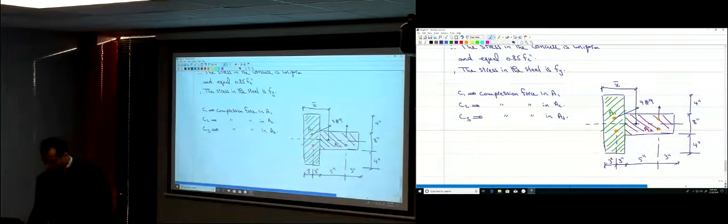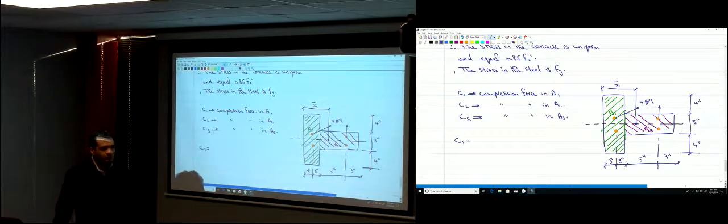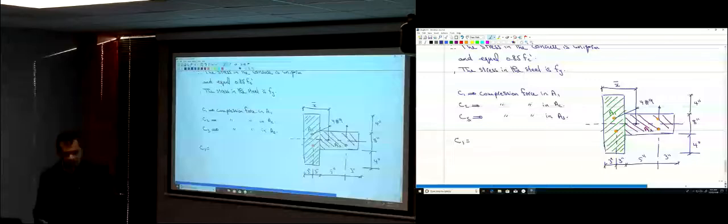Okay? How much is C1? That's easy. You should tell me how much is C1. The area times 0.03. The force is equal to stress multiplied by area. How much is the stress? No, that's the strain. 0.85 FC prime.